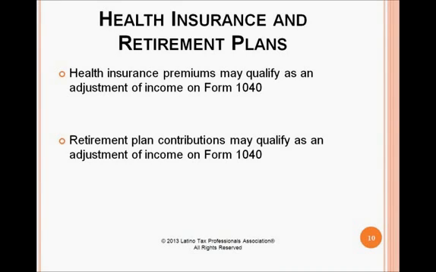Because just like W-2 employees, your Social Security and Medicare tax is based on your full amount, your gross income, and not just the taxable portion of your income. So there are lines under adjustments to income, and we will look at that in more detail in a later chapter, for health insurance premiums and retirement plan contributions.